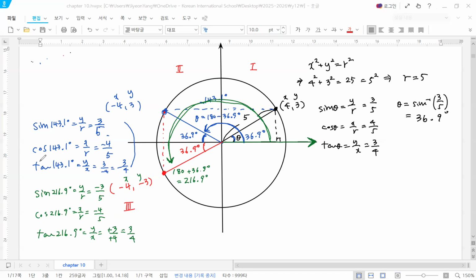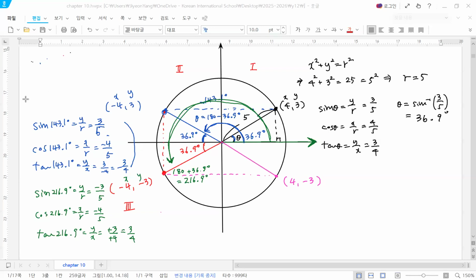And then I am going to reflect this one again to the y-axis. The coordinate is going to be 4, -3, and I can join this line.